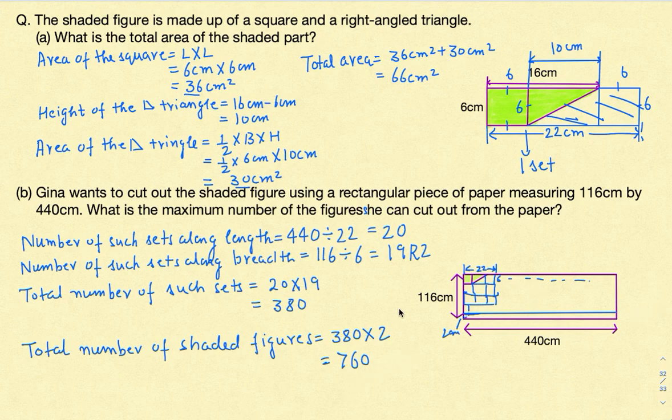That means from this rectangular paper we can cut out 760 such figures. So that's our answer for part B.